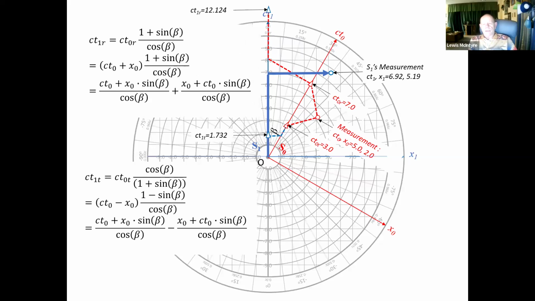Next, we calculate Sam's time of receipt, CT1R, as the forward Doppler shift of Sally's time of receipt, also expressed in terms of CT0 and X0, and find that it is the sum of the Lorentz transform for CT0 and X0.